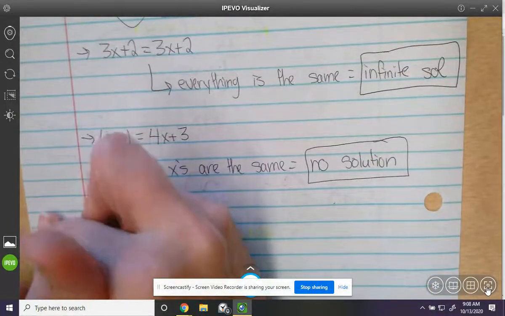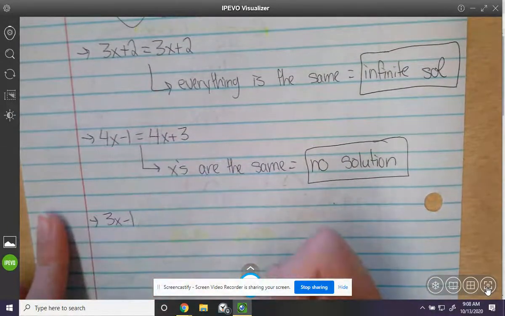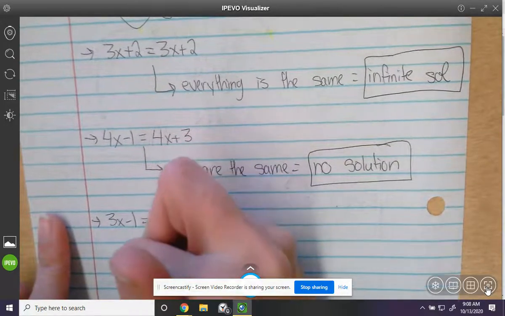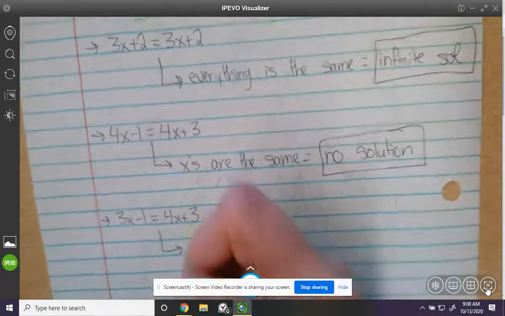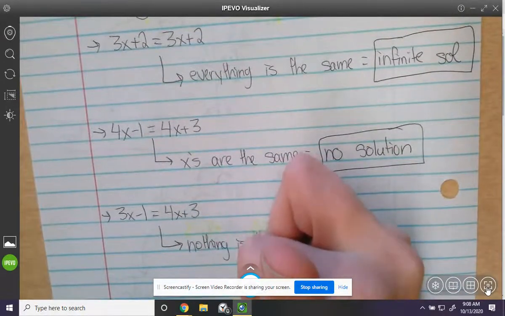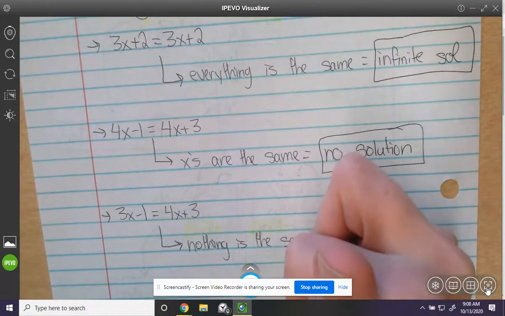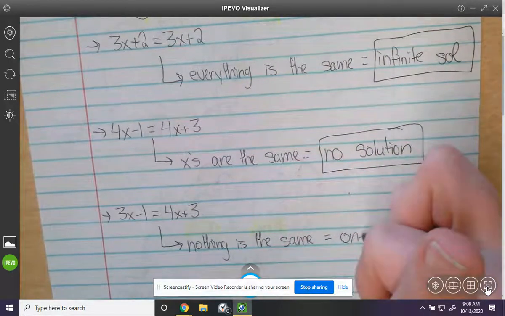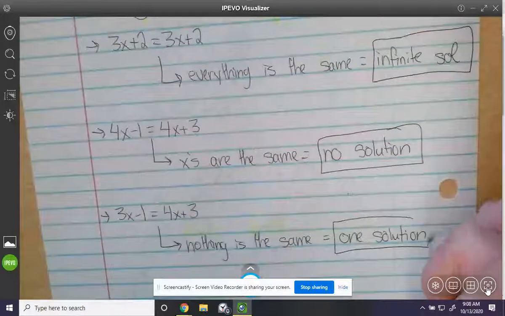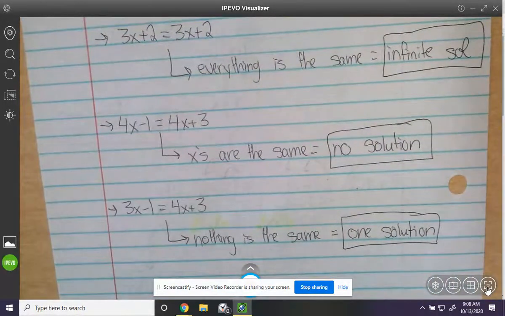And then last but not least, if everything is different, 3x minus 1 equals 4x plus 3, nothing is the same, then my answer would boil down to be one solution. All right, that is it.